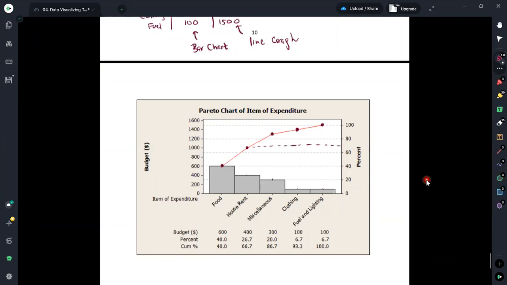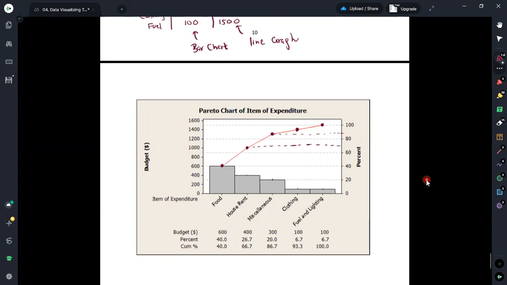If you come to miscellaneous, we can say it is around 85. Then 85% of the total expenditure is for food, house rent, and miscellaneous, and the remainder is for clothing and fuel and lighting. Likewise, you can comment on these things using a Pareto chart very easily.